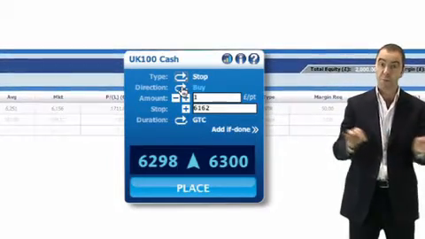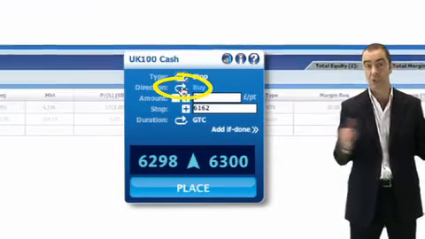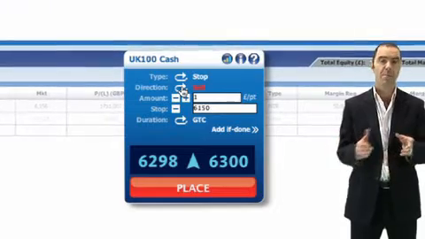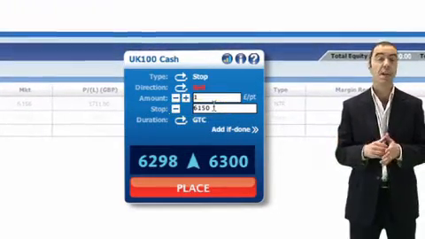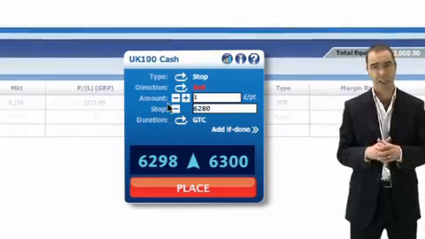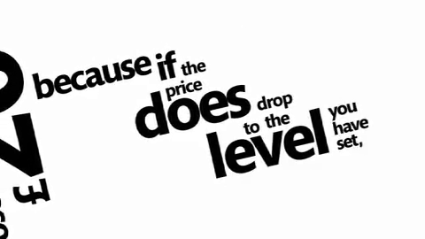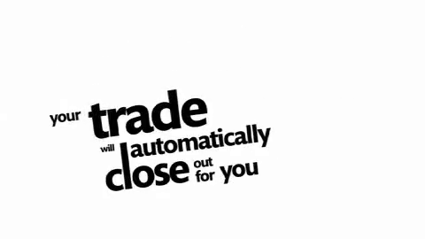So to close out of the position, you will need to set an order to sell. Then, either by manually entering it into the field or by using the amount adjuster, you set your stop loss at 6,280, meaning that with a £1 per point bet, you could stand to lose £20 because if the price does drop to the level you have set, your trade will automatically close out for you.